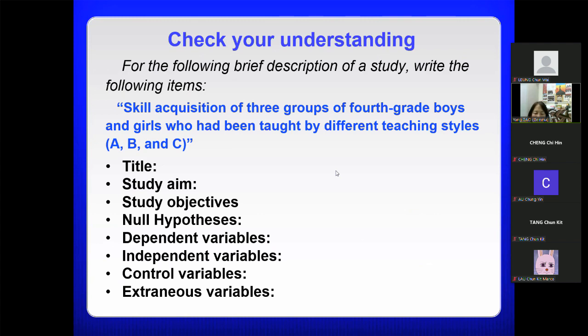Skill acquisition of 3 groups of grade 4 boys and girls who have been taught by different teaching styles, that means styles A, B, and C. Based on this description, draw a title, study aim, objectives, all the elements out.